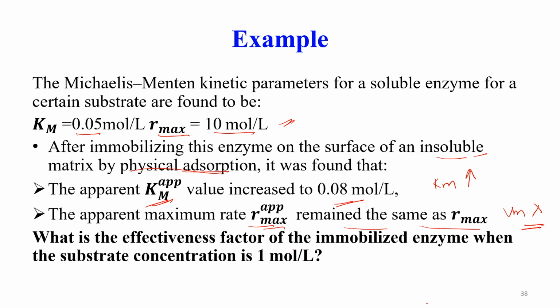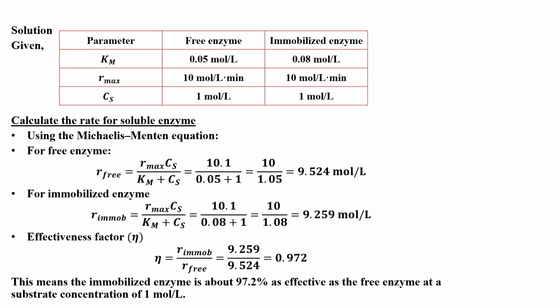It asks what is the effectiveness factor of the immobilized enzyme when the substrate concentration is 1 mole per liter. So, what we have to do here is calculate the rate, V max Cs upon Km plus Cs.